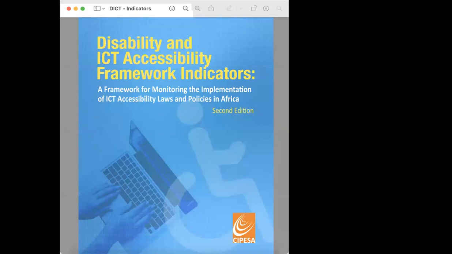Because awareness has been one of the major problems in terms of the digital divide and digital inclusion, followed closely by something called negative attitude. You know, when people are negative about something, they will not endeavor even to learn what it involves. And secondly, they will not do what it takes to improve the situation.